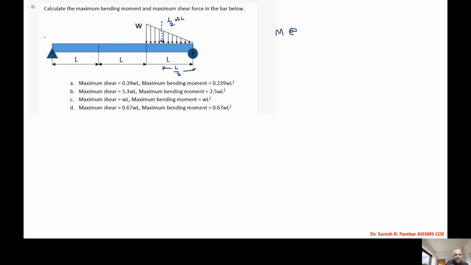I will call this A and this B. Moment about B equal to 0, and then we have RA into 3L minus 1/2 W into L into L by 3. Then we get RA equal to, L gets cancelled, WL square upon 18.